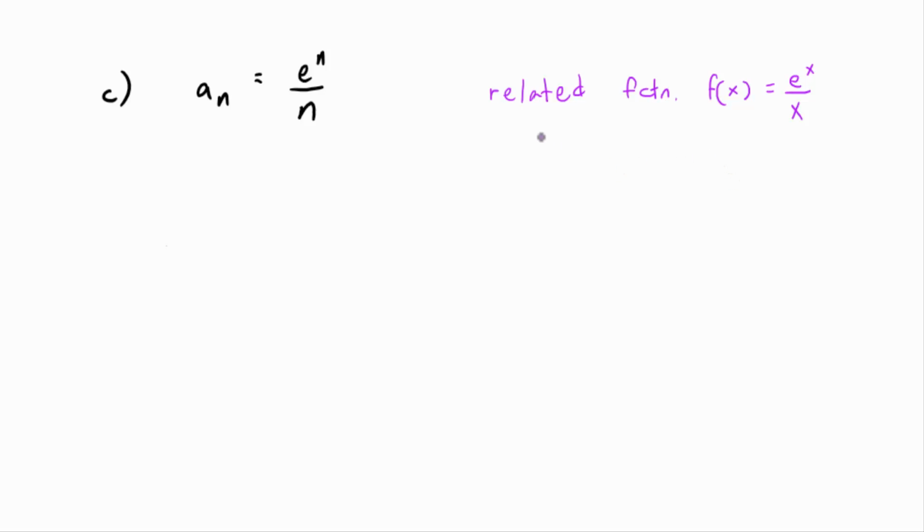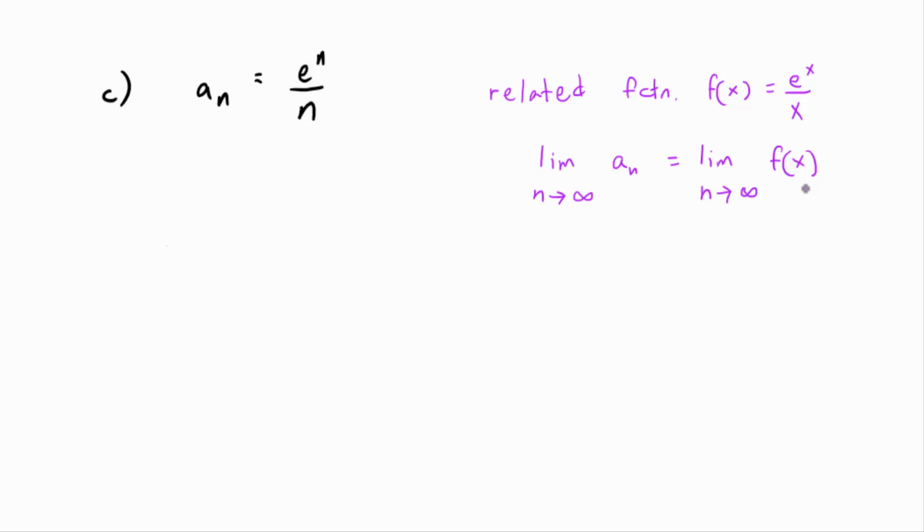The limit as n goes to infinity of a_n should equal the limit as x goes to infinity of the related function. For limits at infinity, there's no reason why they wouldn't do the same thing. They'd either both converge to a number or both diverge to infinity, perhaps. If you have negatives in there, they could go to negative infinity, or maybe certain functions could oscillate between two numbers. But they should do the same thing.